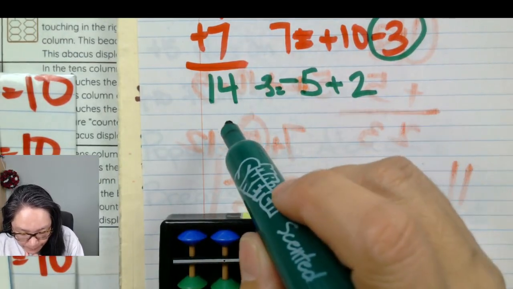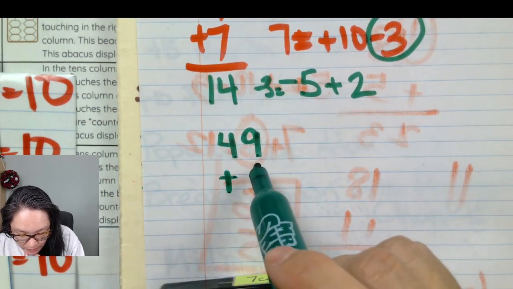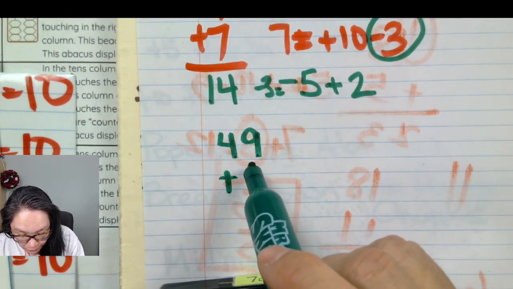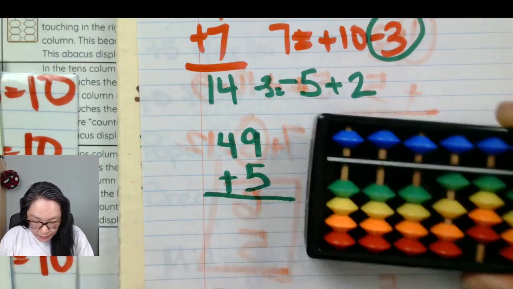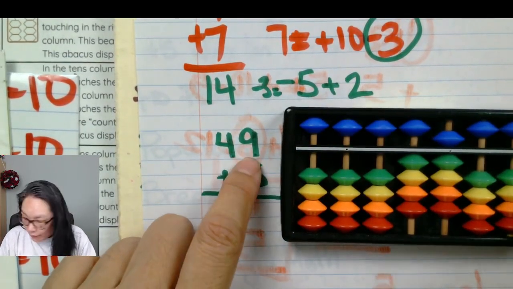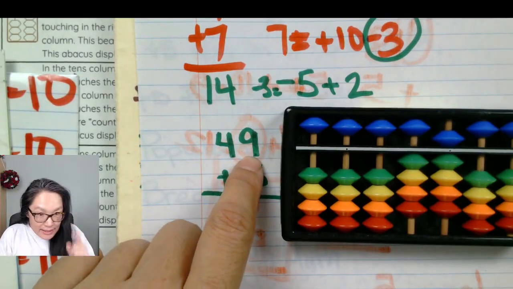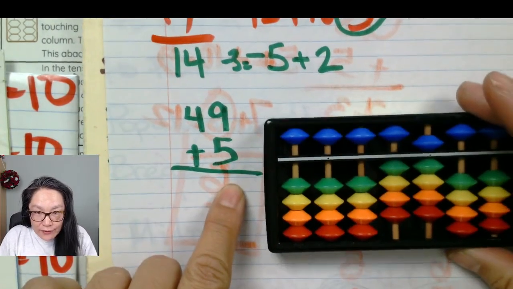Here's another two-step. Let's do 49 plus 5. We know how to add the 5. Not a problem. When we look, we have 49, 40, and then 9. We want to add the 5. Okay, let's see if you guys remember. How do we add the 5? Do you remember how to add the 5?